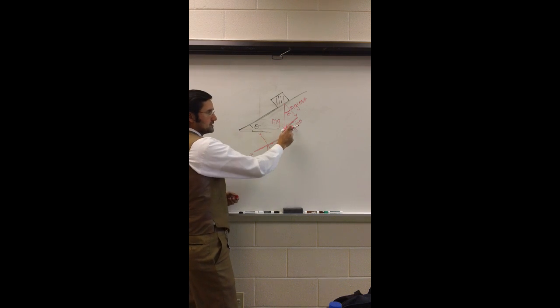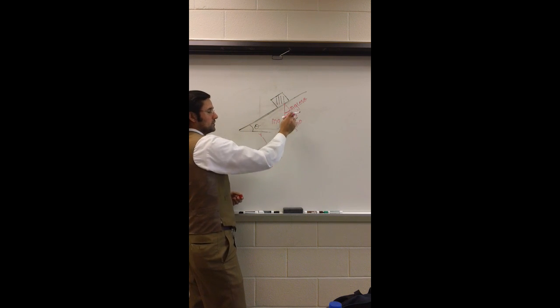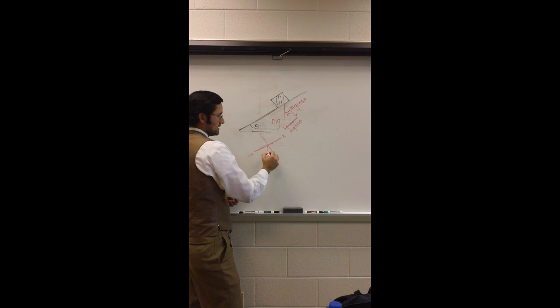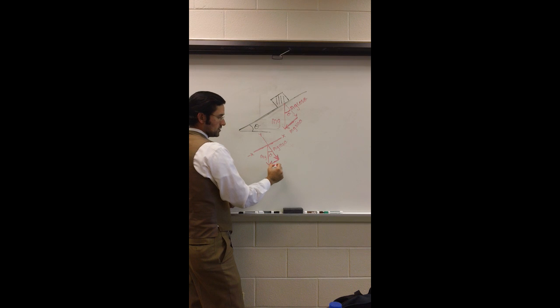The x component is the force responsible for pushing the box down the surface. The y component is the force pushing the box into the surface. So this is theta, and if the hypotenuse is m times g, then this component is mg cosine theta, and this component is mg sine theta.